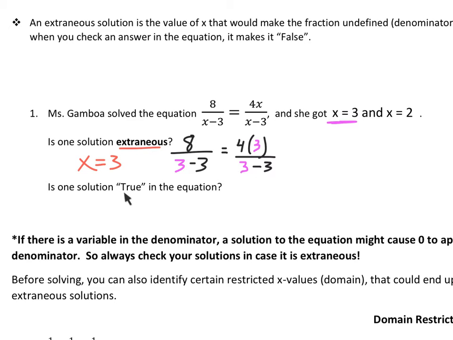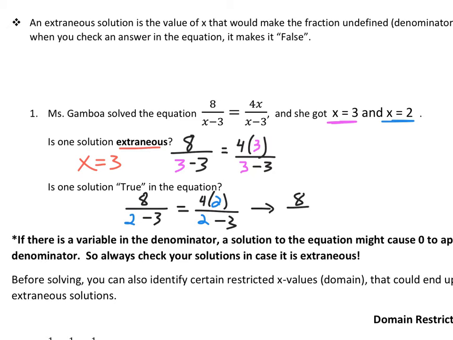In this case, there is going to be a true one, and to be able to tell, I'm going to show you with x equals 2, because this one is going to work out. So if we take the original problem, 8 over x minus 3, and replace the x with 2, we're going to have this. Same kind of setup, everything's set up the same, but now we're just going to put a 2 in place of the x. And then from here, we can calculate and simplify it.